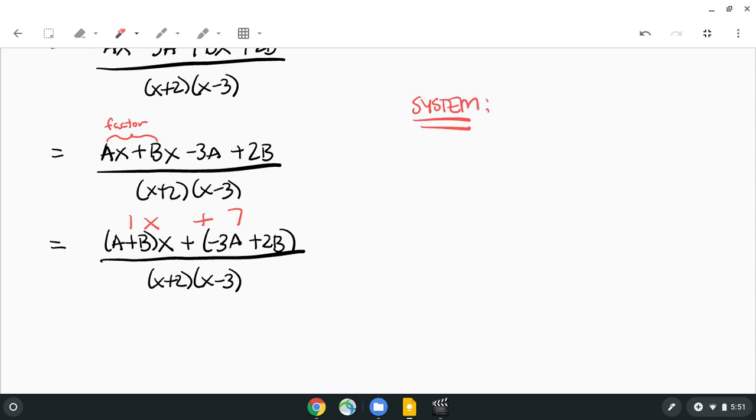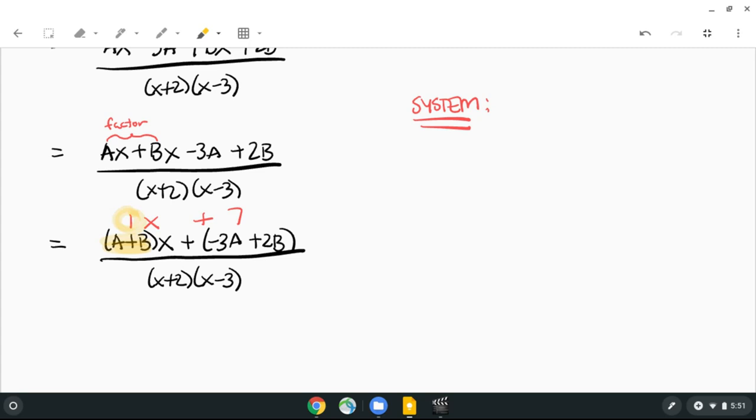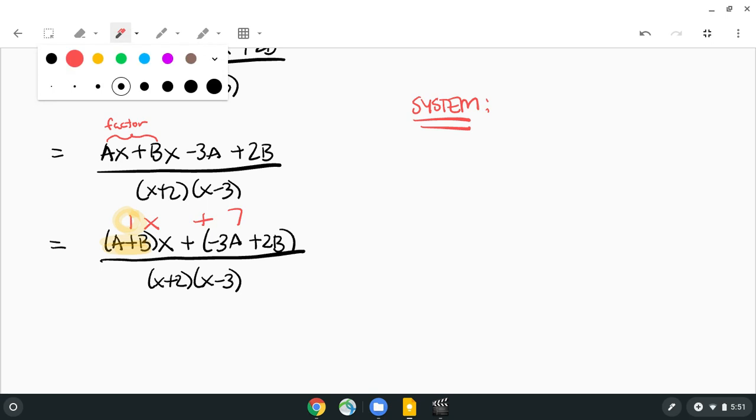All I'm doing here is this: a plus b should equal 1. So that's what I'm going to write as my first equation in my system.